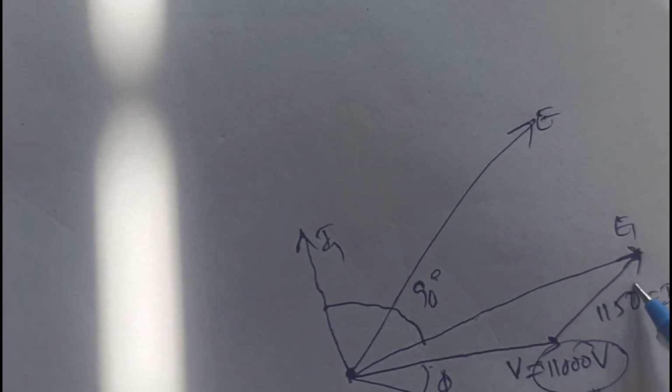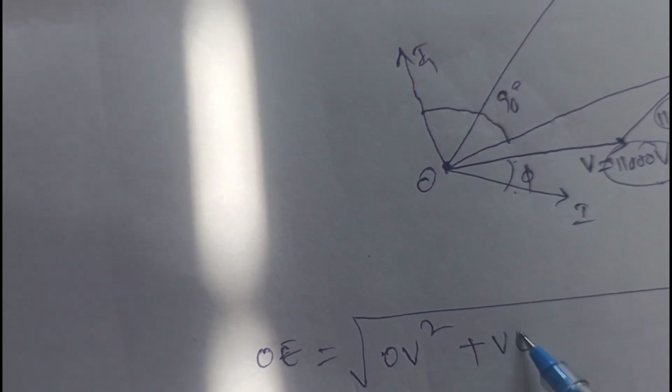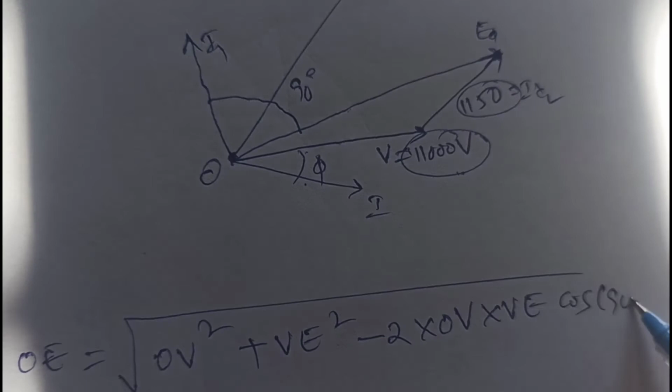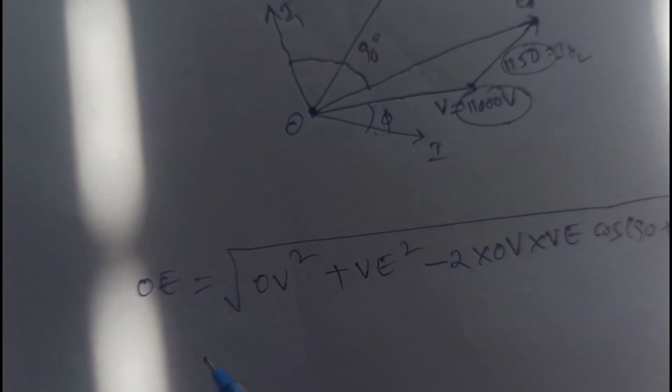So finally the vector resultant between this voltage 11,000 and 1150. You have one formula. OE equals the square root of OV square plus VE square minus 2 into OV into VE into cos (90 plus phi). Just substitute the values.